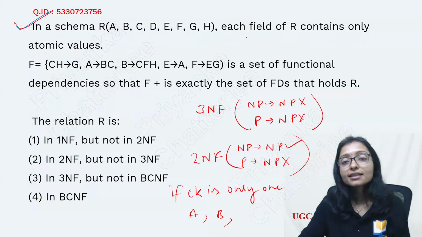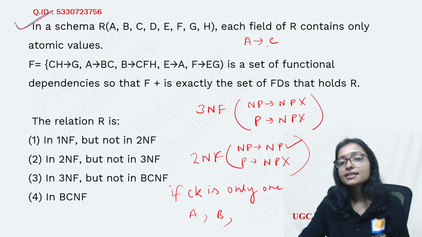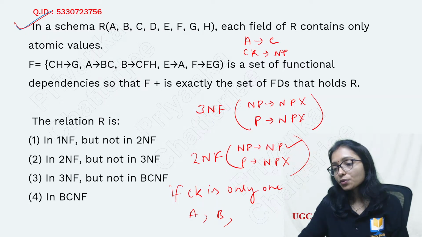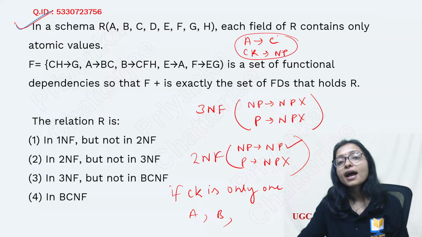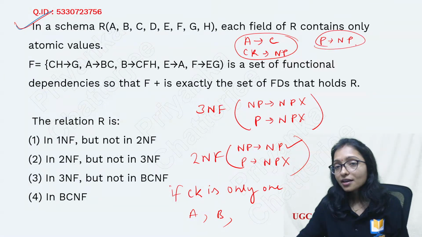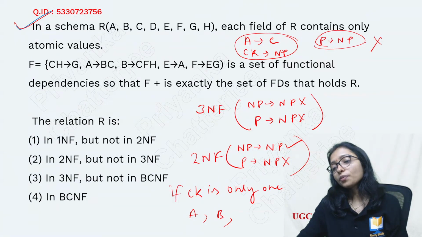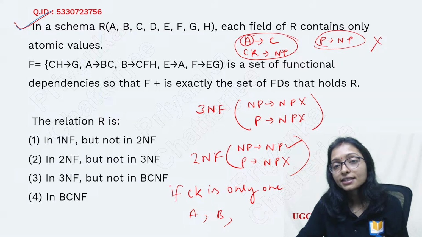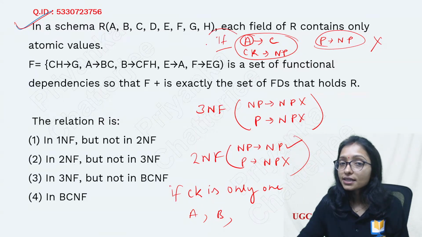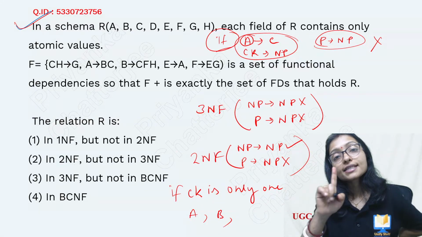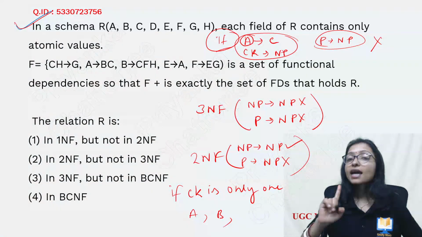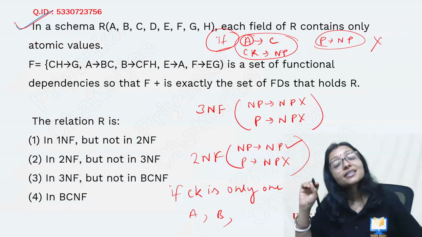Then if I say A implies C, where A is a candidate key and C is a non-prime attribute, don't say it is prime to non-prime. It is not prime to non-prime. This is a full candidate key. If only a single attribute is creating a candidate key, it is in BCNF.